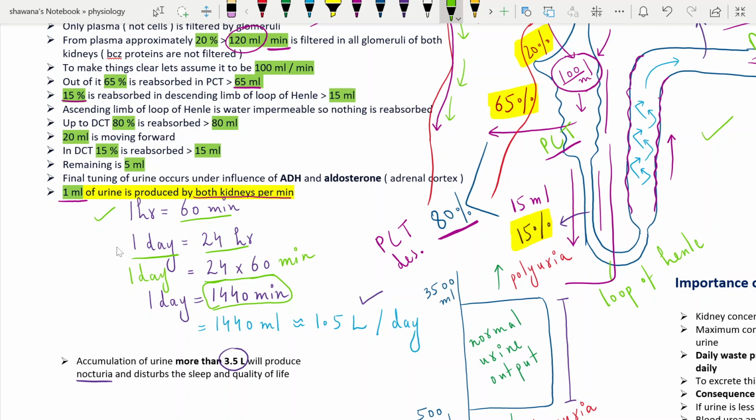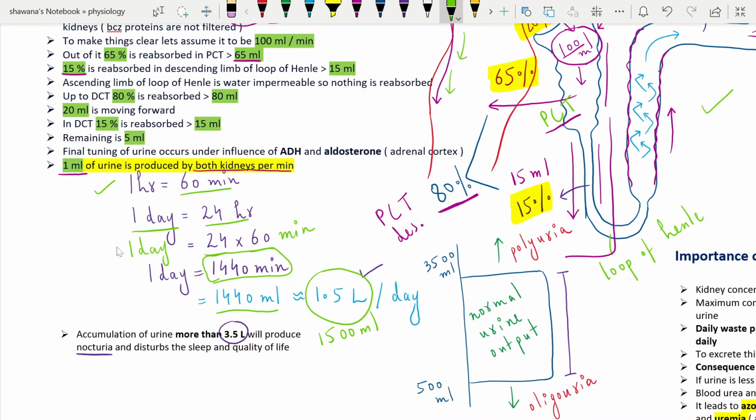So in 1440 minutes, 1440 ml. Approximately 1.5 liter of urine is being produced daily. 1500 ml produced daily. It is like an average amount of the urine produced, but it can be varied in different persons physiologically as well as pathologically.